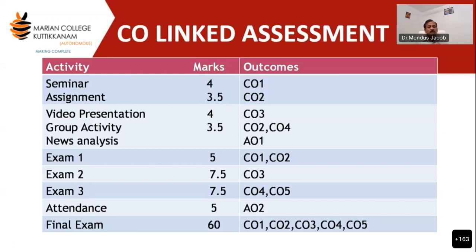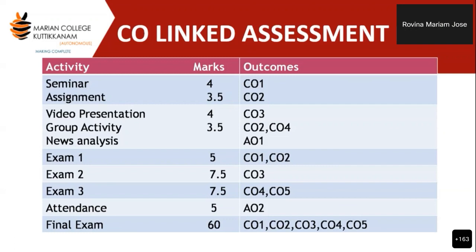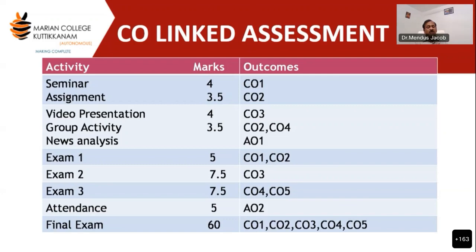Similarly, exam 2 has 7.5 marks and is mapped to CO3, and exam 3, 7.5 marks, is mapped to CO4 and CO5. And there is attendance. Suppose I'm giving marks for attendance, then it can be an activity outcome.